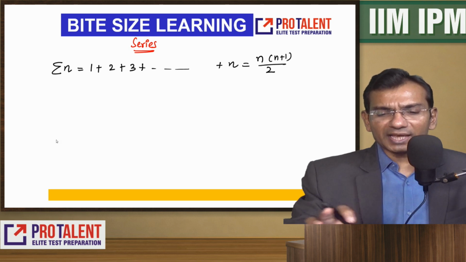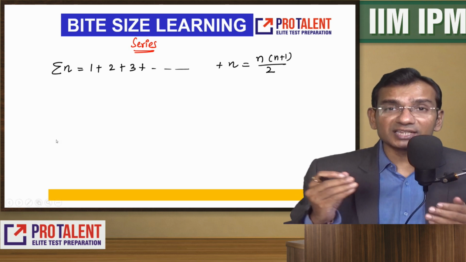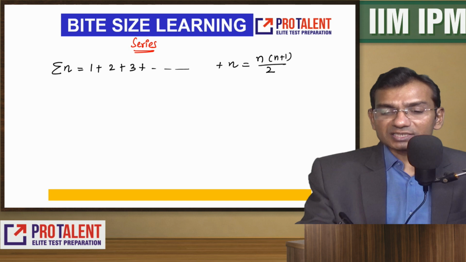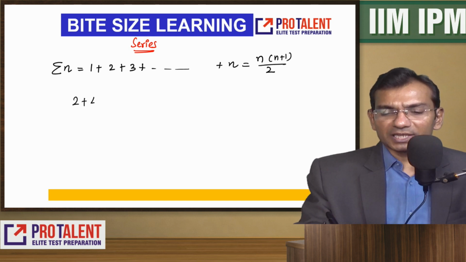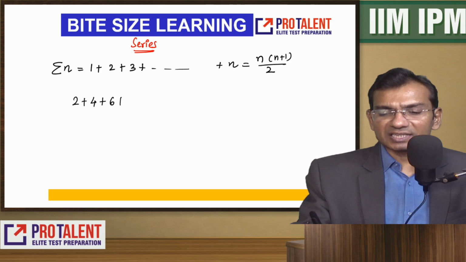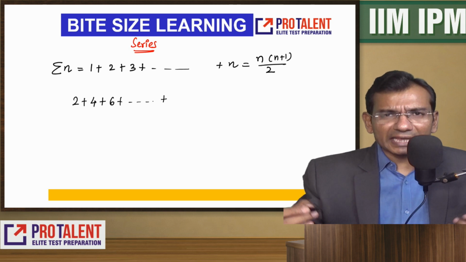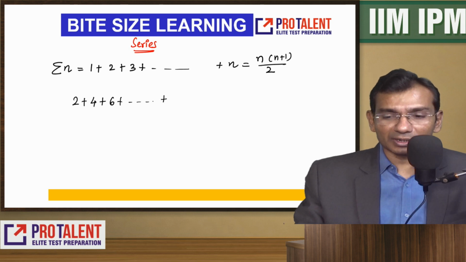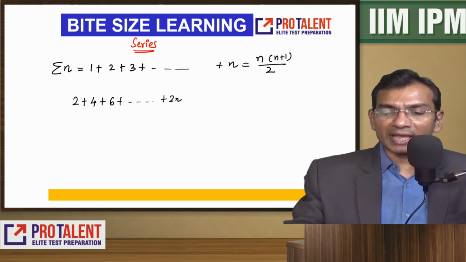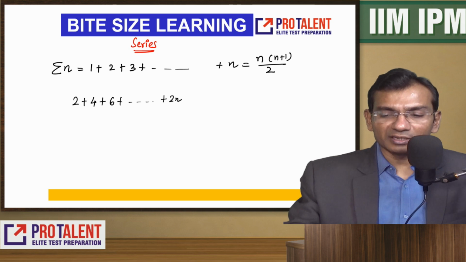From there we can get another series of questions, that is the sum of the even numbers like 2 plus 4 plus 6 up to, let us say, some number. I'm assuming it is up to 2n. So what should I do?